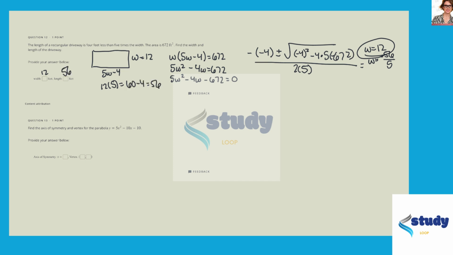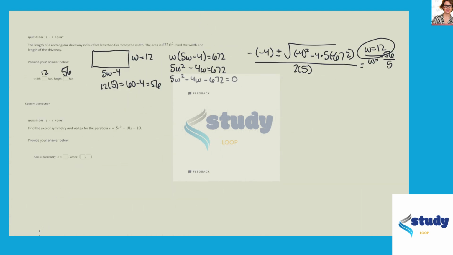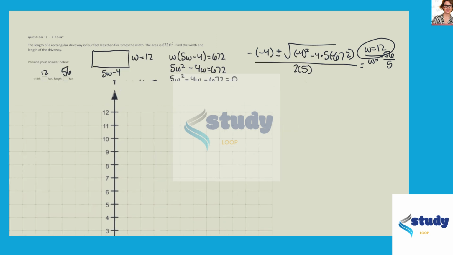Then for the next thing, it wants you to find the axis of symmetry and the vertex of the parabola. So I'm going to insert a graph, and I'll graph it.